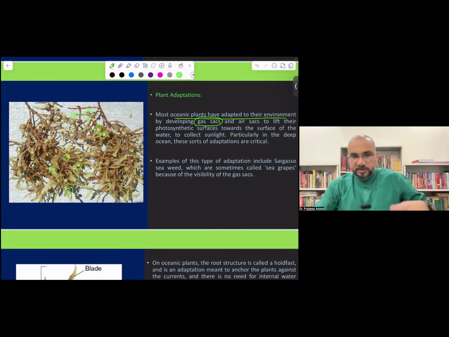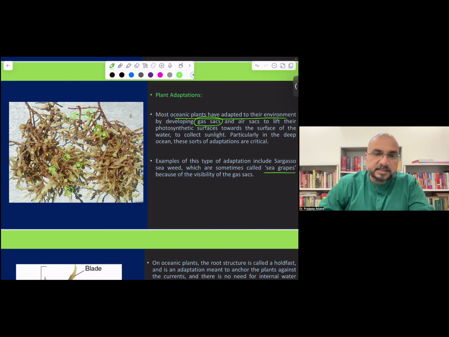So they are also called sea grapes, because of their similarity to grapes. They develop these gas sacs, so they have air sacs. Air is present inside them. Obviously, when air is present, they will be buoyant. Buoyancy will be there, so they will keep the plant floating.